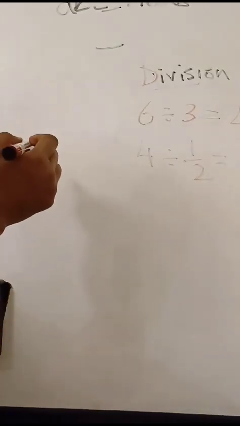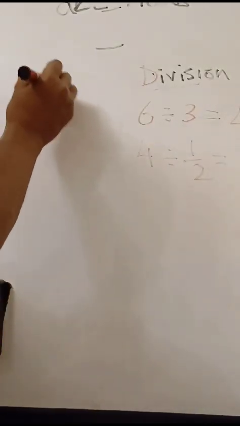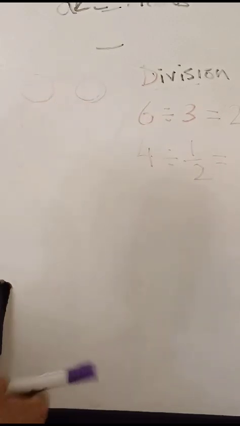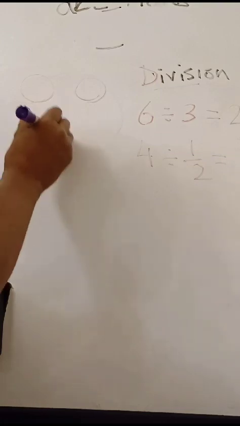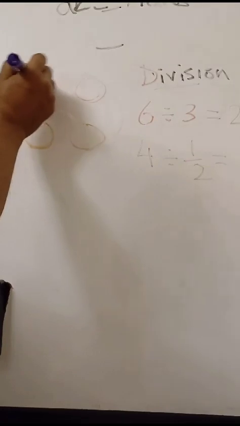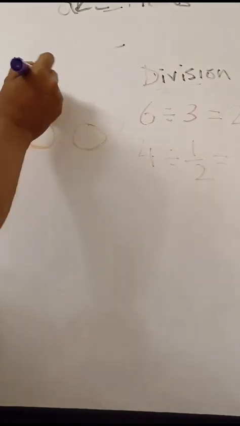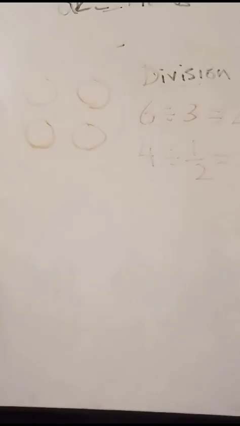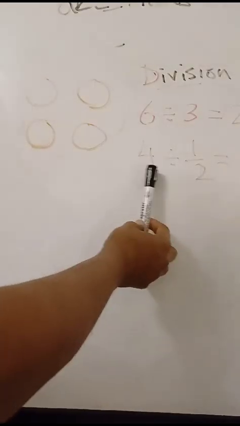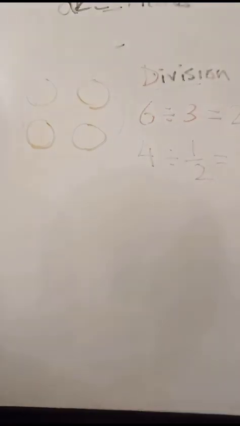Let's suppose that we have 4 pizzas. We want to divide them, 4 divided by a half. That means we want to divide them into groups.